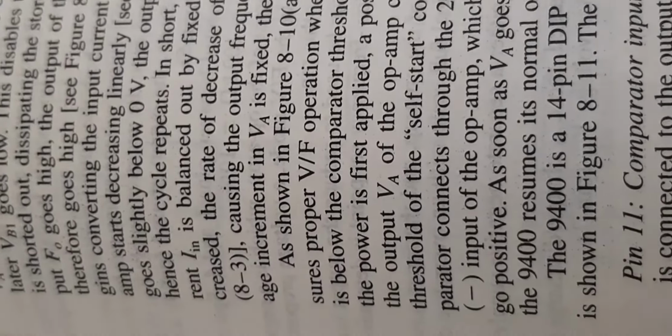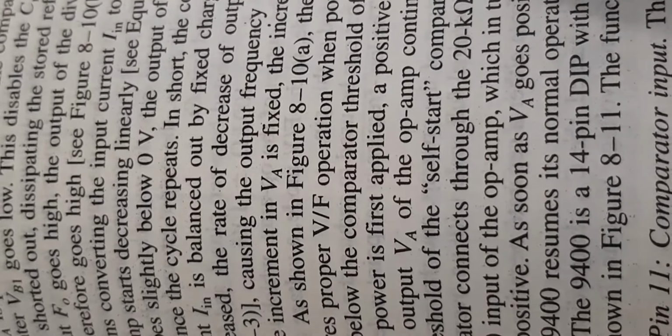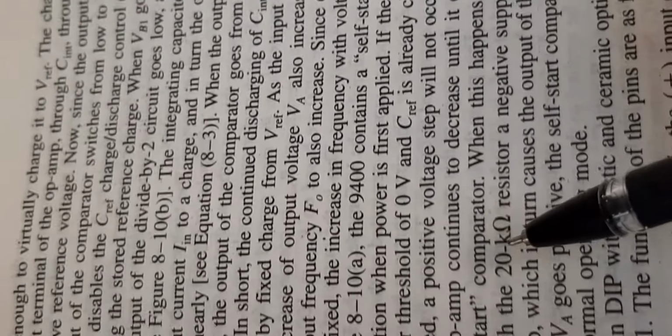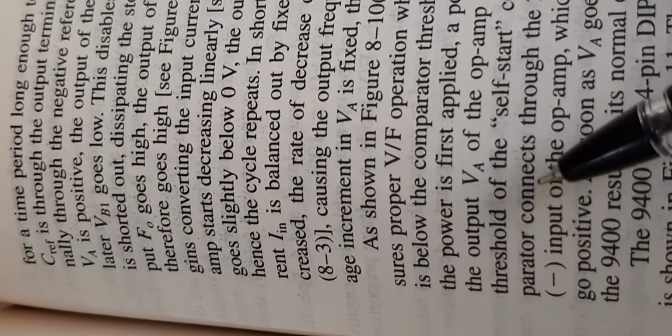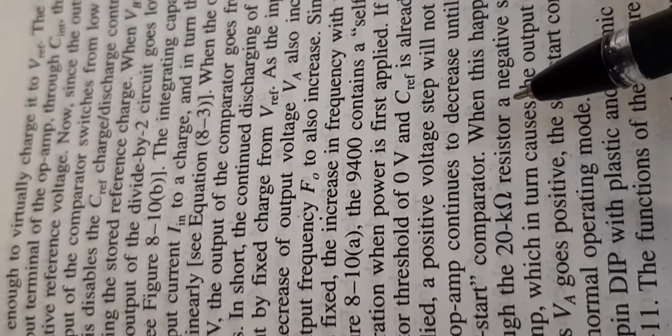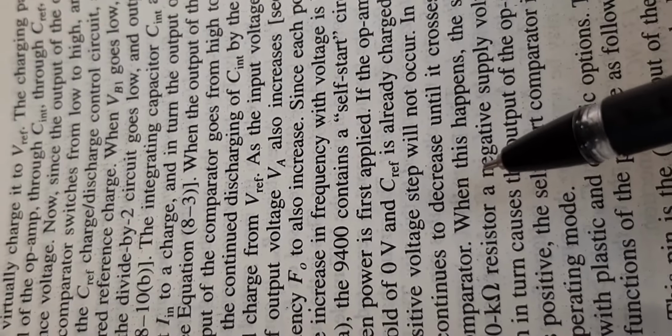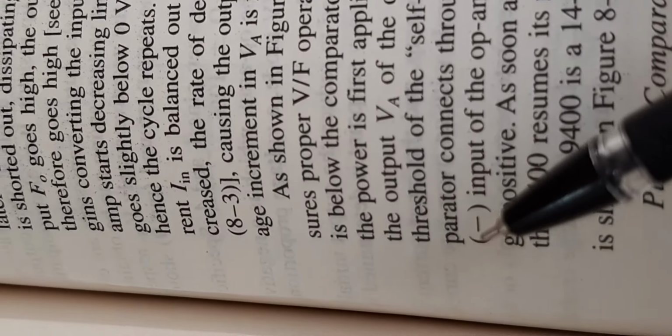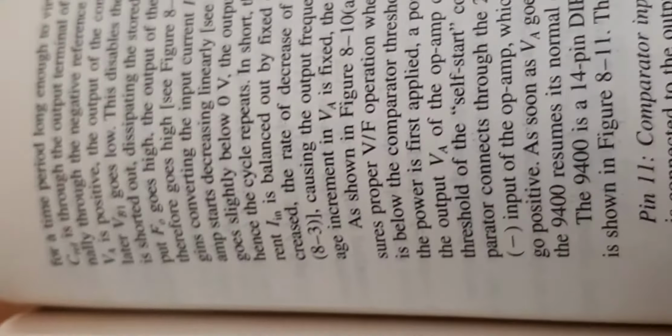When this happens, the self-start comparator connects, through a 20 kilo ohm resistor, a negative supply voltage VSS to the negative input of the op amp.